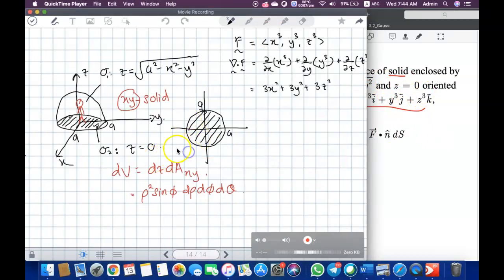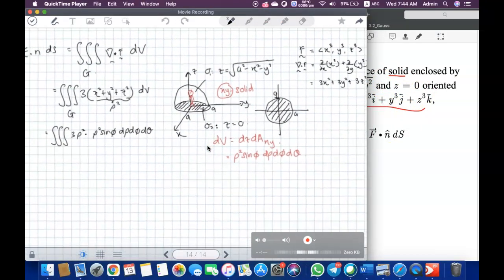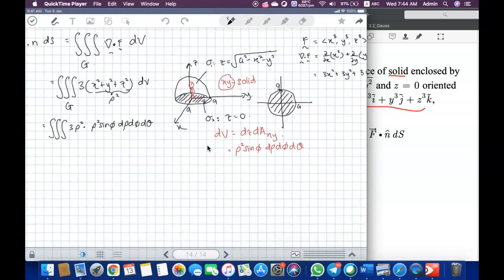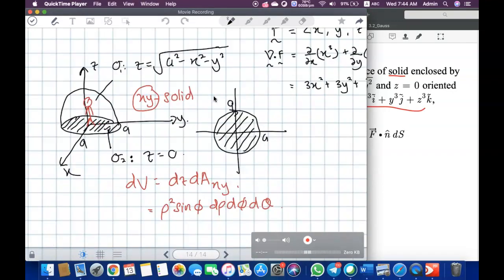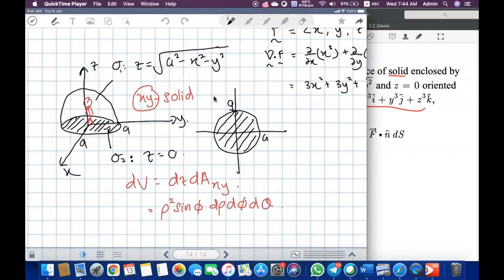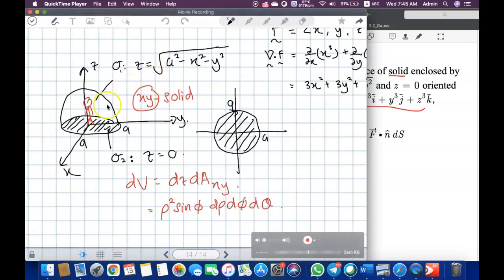Okay, so meaning that you have the full theta, so 0 to 2 pi. And for phi, because your sphere here is not shifted, the center is lying at the origin.